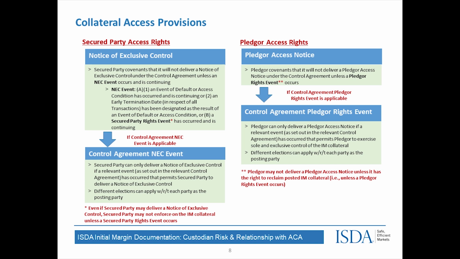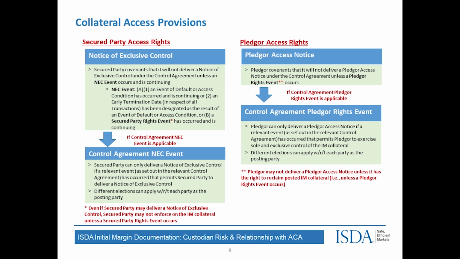One thing I would also highlight is that these elections are really collateral direction specific or collateral flow specific. And what I mean by that is a party as pledgor and the other party as secured party can agree to flip one of these switches. But when each of those parties are in the other role, they don't have to flip the switch.